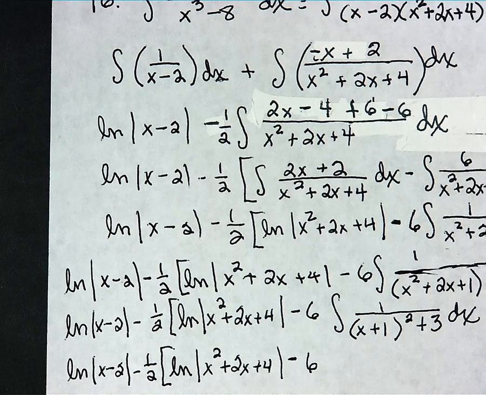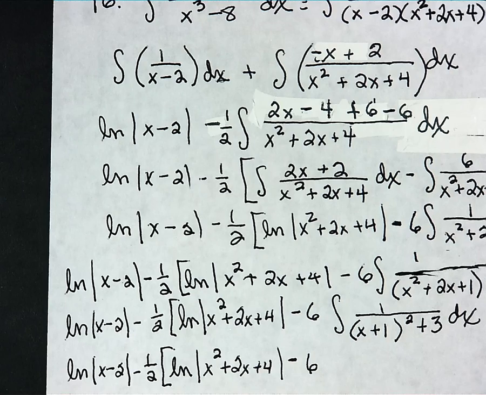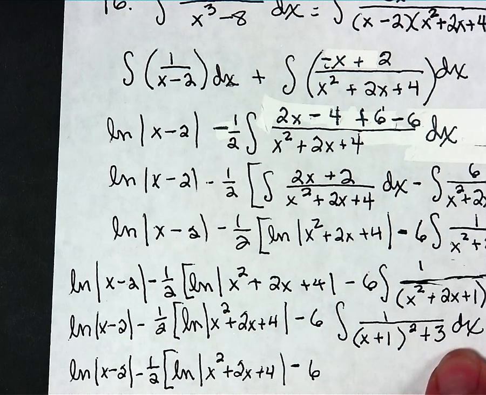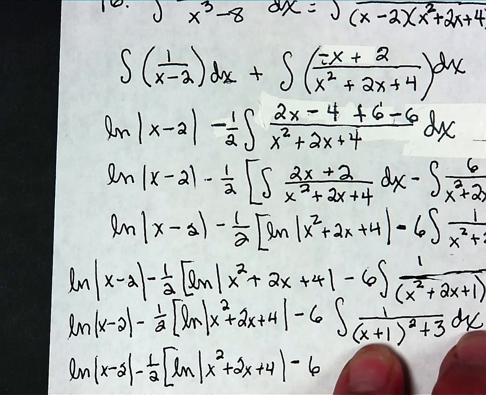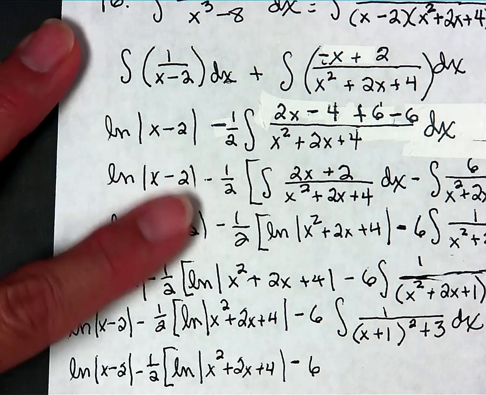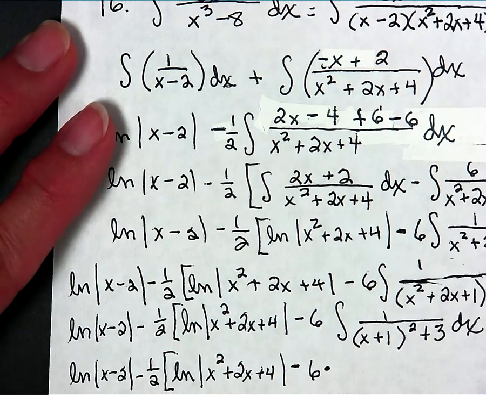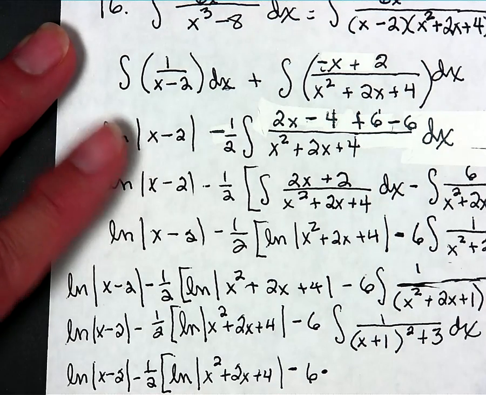Cheryl is right. This is arctangent, 1 over u squared plus a squared. And we do have the derivative of u, the derivative of x plus 1 is just dx. So what's the formula for integrating arctangent? U over a, isn't it?